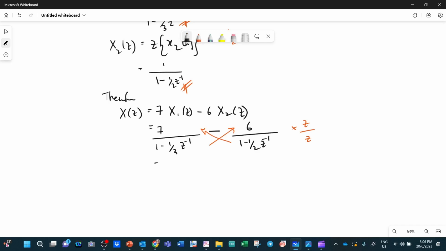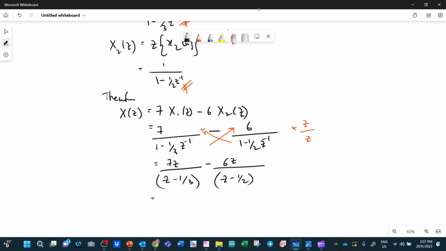Okay, so when you multiply both sides, what do you have? You have 7z times z minus 1 over 3, minus 6z times z minus 1 over 2.